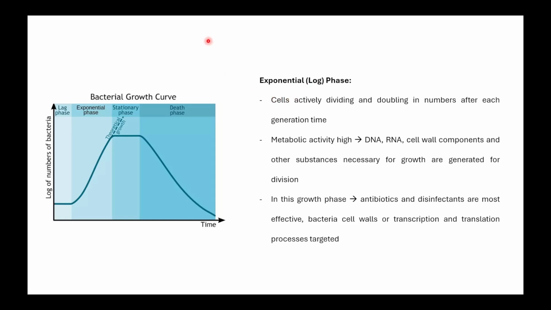Why exponential? After each generation, suppose the generation number is x, then the total number of cells that we are getting finally, the daughter cells from one parent cell, comes up to 2 to the power x. Okay, so suppose from 1, 2 are coming, from 2, 4 are coming, from 4, each of the 4 daughter cells will be giving rise to two more daughter cells.